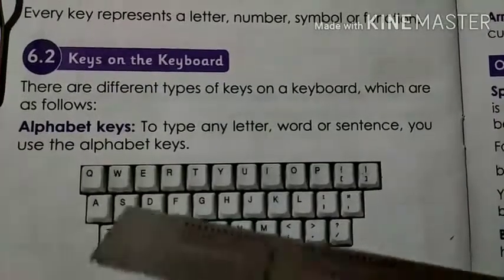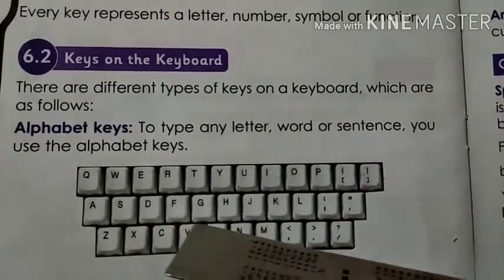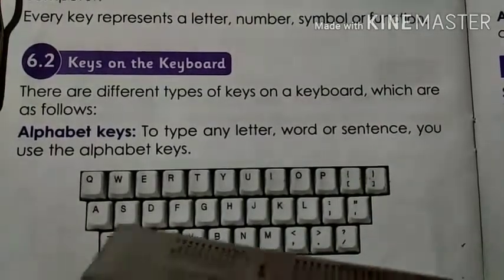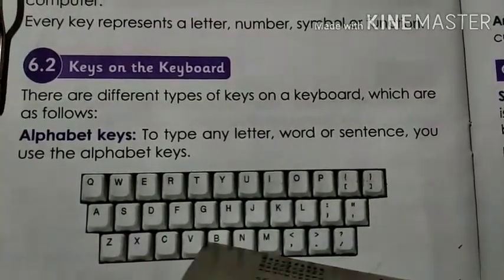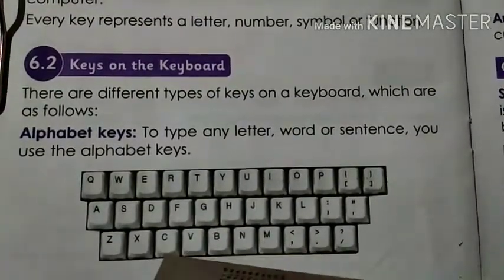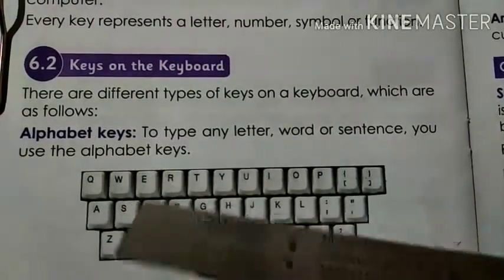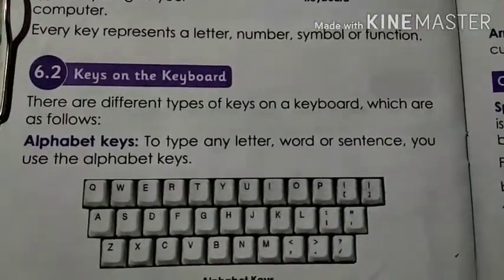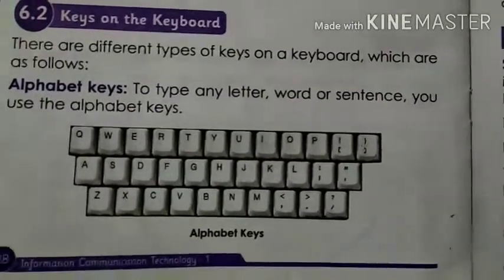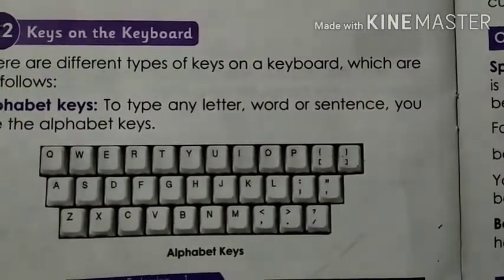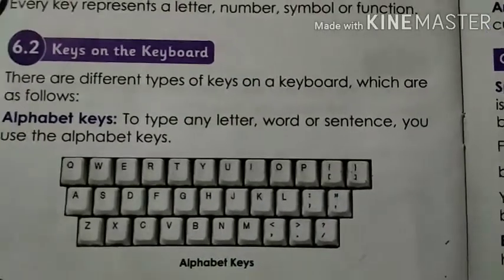Here the alphabets are not in sequence, but you can see all the alphabets from A to Z are available here, A, B, C, D, E, F till Z. Alphabet keys are usually used to type letters, words or sentences.